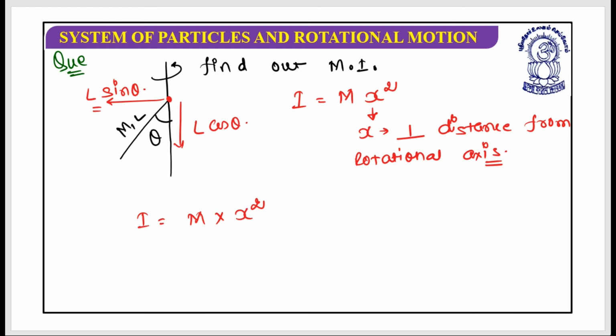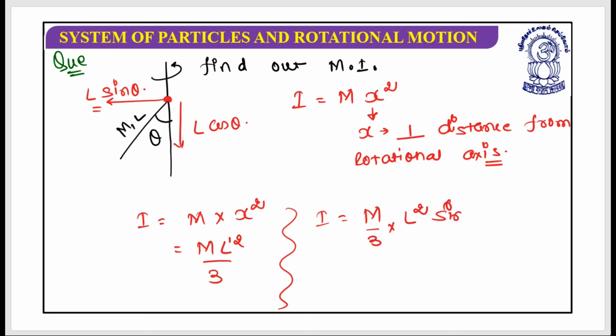But if I take L sin theta as a component, I must understand that this is the end point from which my object is rotating. It is a rod, so my master formula would be ml square by 3, but I write this as L dash, because L dash is going to be replaced by L sin theta. So the final answer would be m by 3 multiplied by L square sine square theta. This is the moment of inertia of this situation.